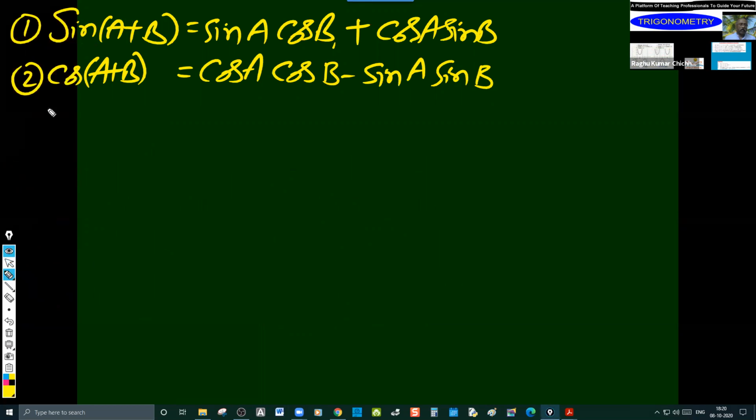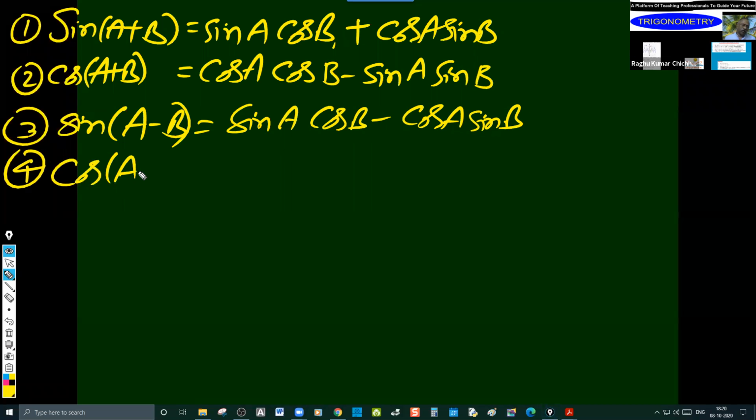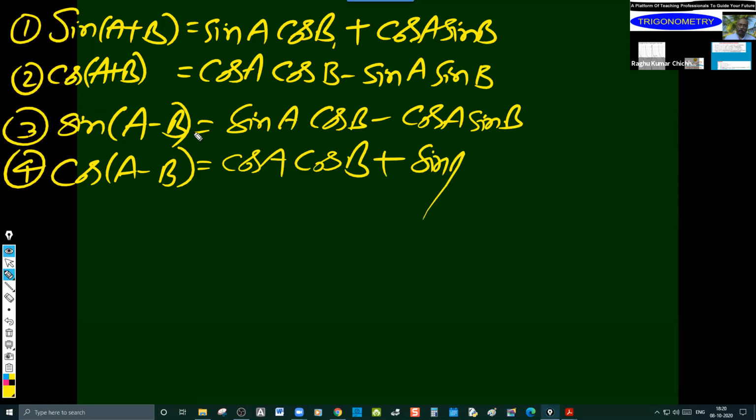We have got 3 and 4 by replacing B with minus B: sine of A minus B is nothing but sine A cos B minus cos A sine B. Similarly, cos of A minus B is cos A cos B plus sine A sine B.